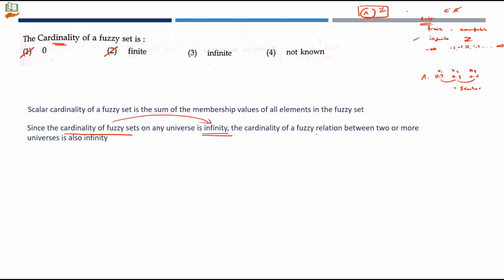The cardinality of a fuzzy relation between two or more universes is also infinity. This is about fuzzy relations, and they are declaring the cardinality of a fuzzy relation based on the cardinality of fuzzy sets. So based on this statement from the book, we are going with option number 3 as the right answer. I am even striking out option number 4.